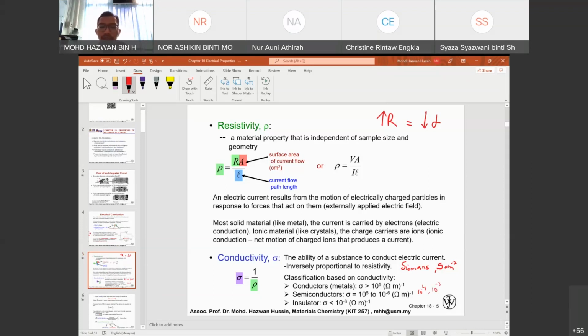And finally, if we have a conductivity value in the range of 10 power of minus 6 and below, for example 10 power of minus 8, minus 10, then this can be categorized as insulators.